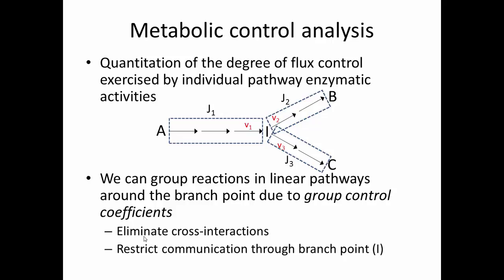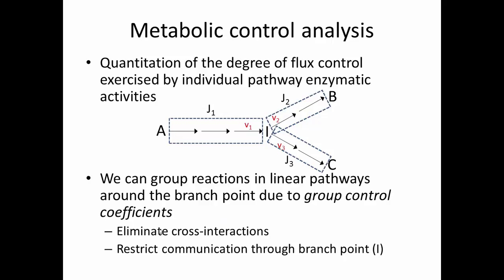So depending on what we're looking at, we can eliminate cross interactions. You can imagine the A to B and C pathway as part of one big metabolic network, and there may be a lot of things coming into and going out of it. Maybe A is an intermediate, as it turns out, or maybe B is an intermediate. Or even one of the unnamed intermediates is an intermediate for some other reaction.